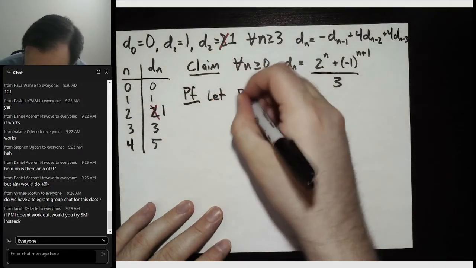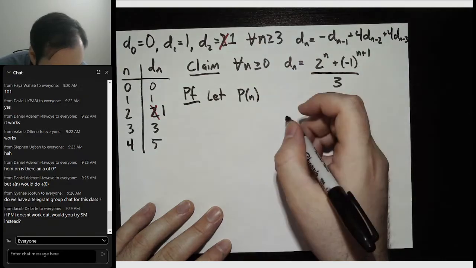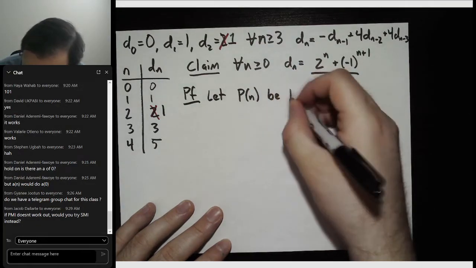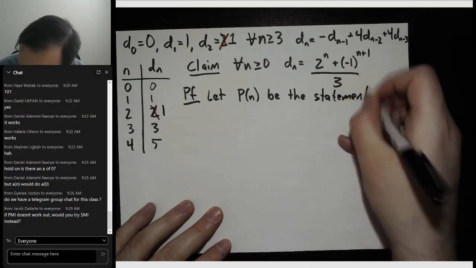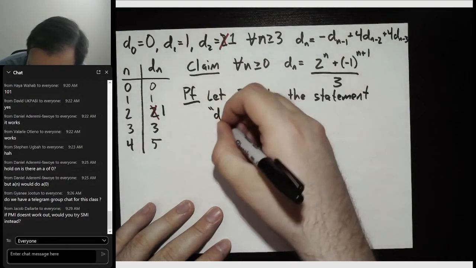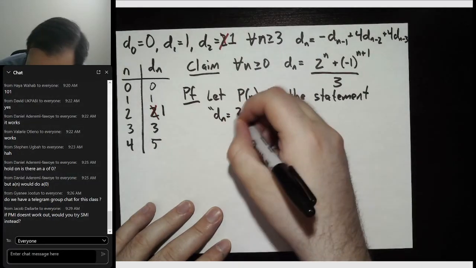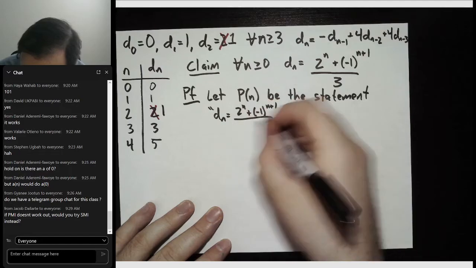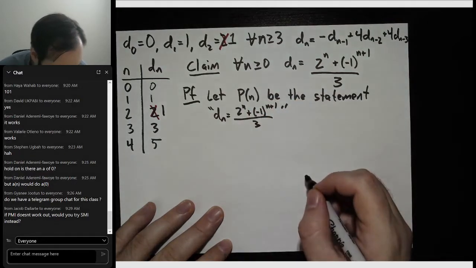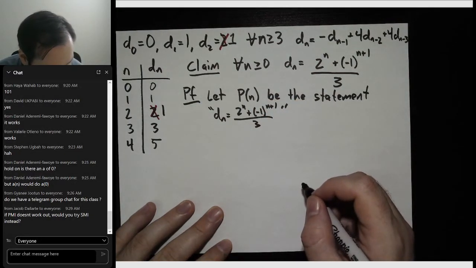Let me go back to P of n, make my life easier. Let's let P of n be the statement that d sub n is equal to 2 to the n plus negative 1 to the n plus 1, all divided by 3. Okay.